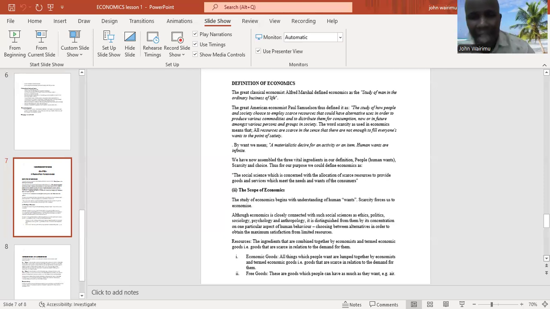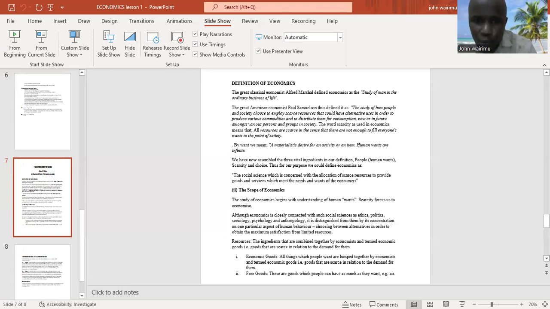You match this salary against your wants. You'll find that there is a particular want you will not spend fully as you anticipated. You are economizing. This economizing is brought in by the fact that you are limited to 100,000. If this 100,000 increases to 1 million, your wants also increase. So the scarcity of these resources makes us economize.